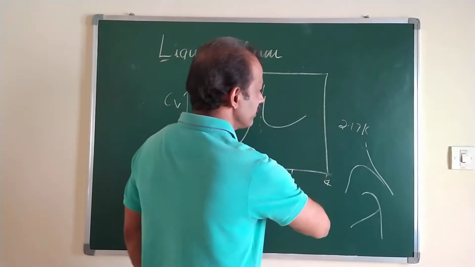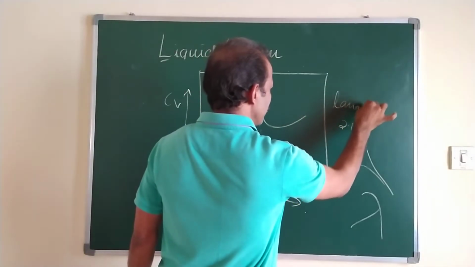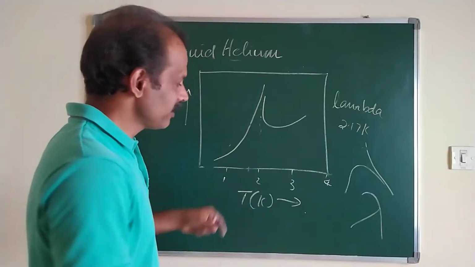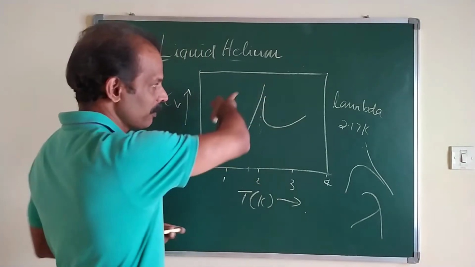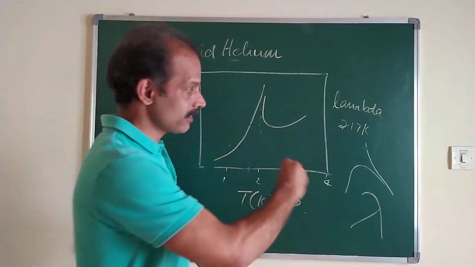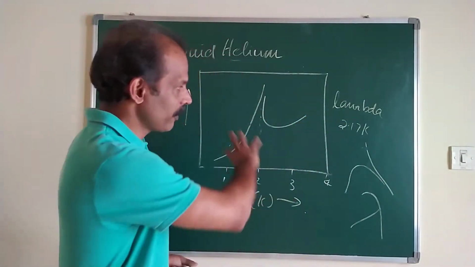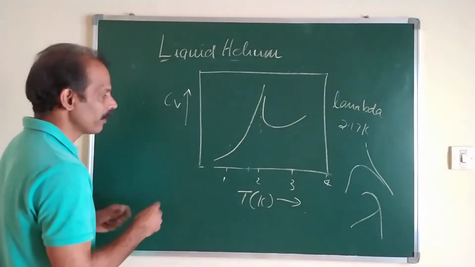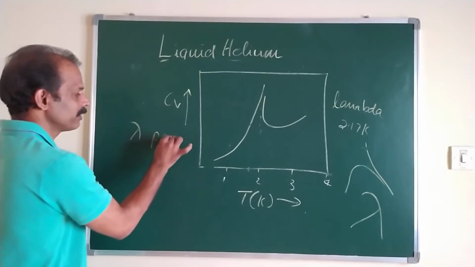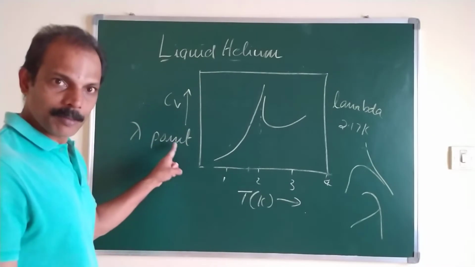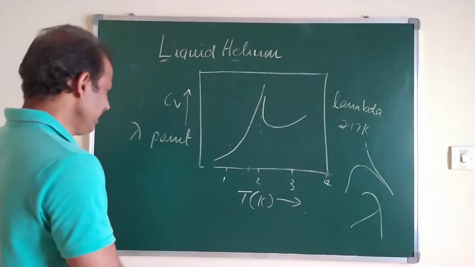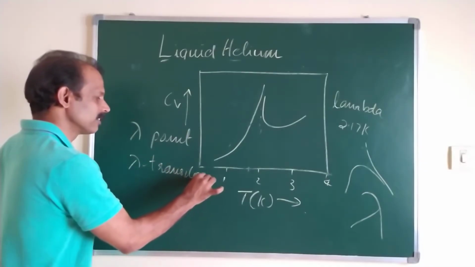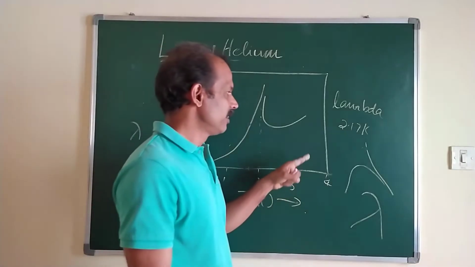The lambda point arises from this discontinuity, at which the specific heat is discontinuous. That is the lambda temperature. Lambda point means lambda temperature, and the lambda transition name is also obtained from this discontinuity curve.